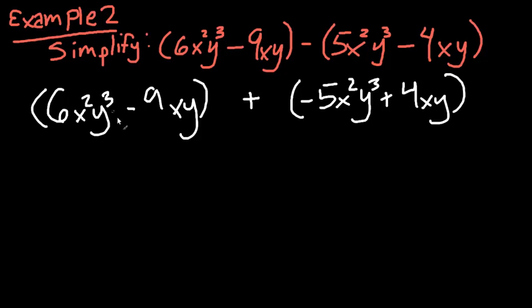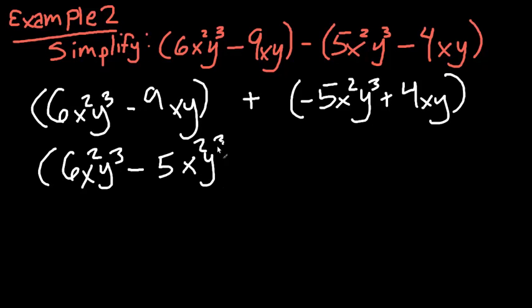I can see that 6x squared y to the third and negative 5x squared y to the third are like terms. So I'm going to go ahead and group those together. And negative 9xy and 4xy are like terms. So I'm going to group those guys together as well.